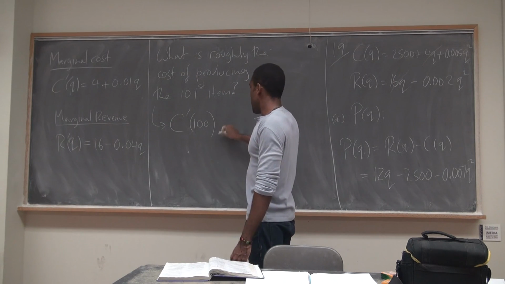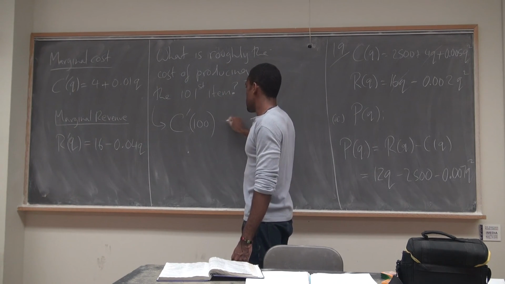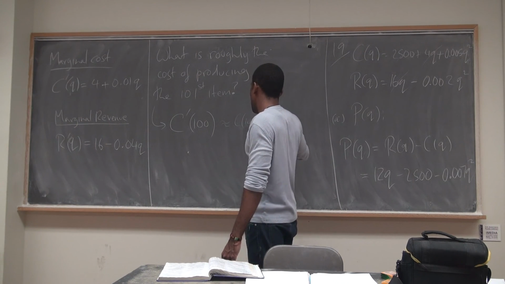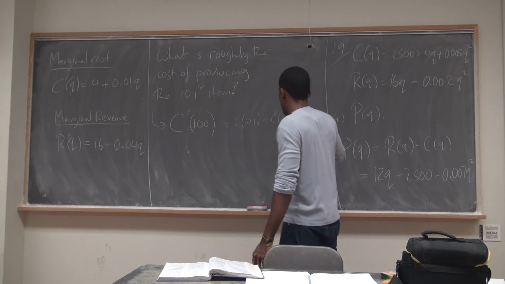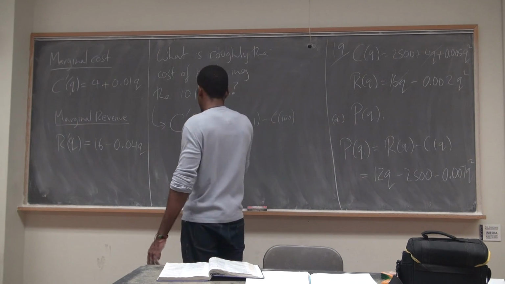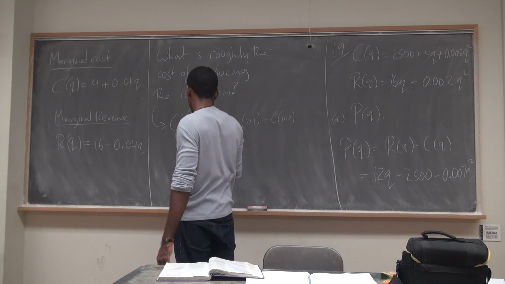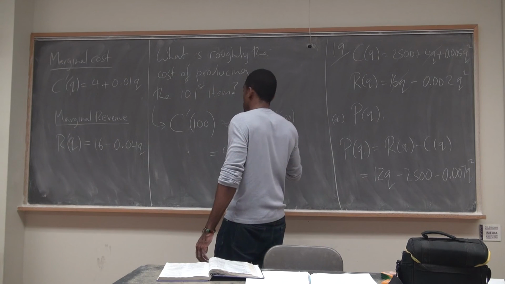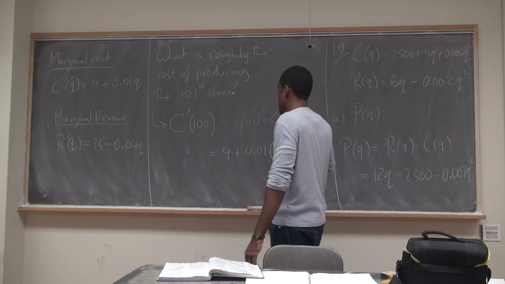So remember the marginal cost, that's approximately C of 101 minus C of 100. So I'm going to just go here and plug in 100: 4 plus 0.01 times 100.